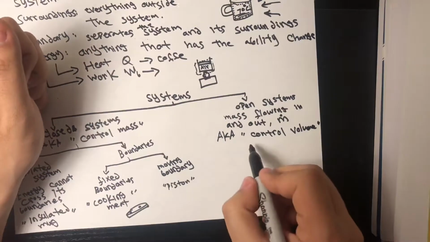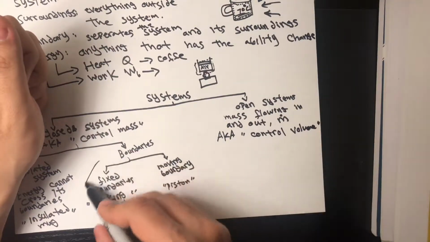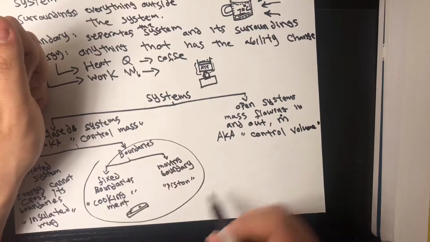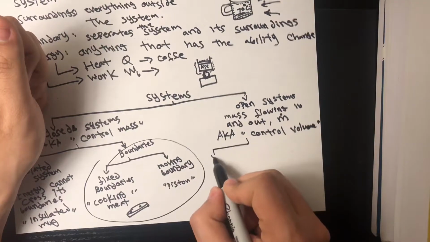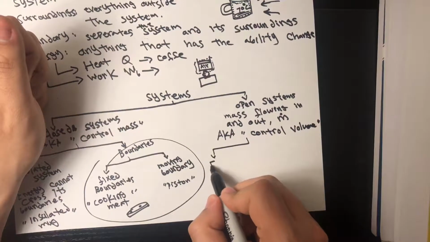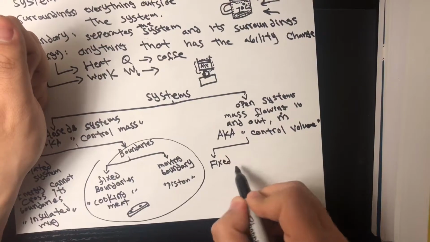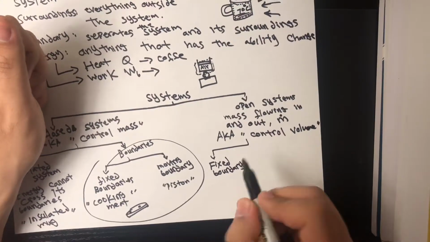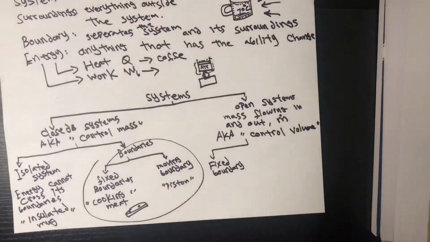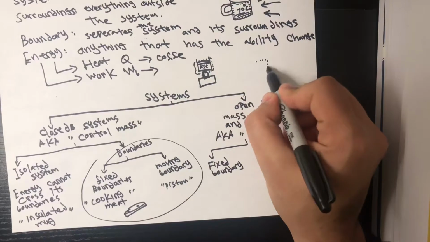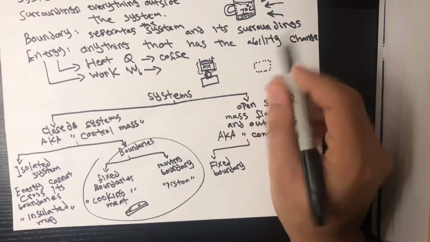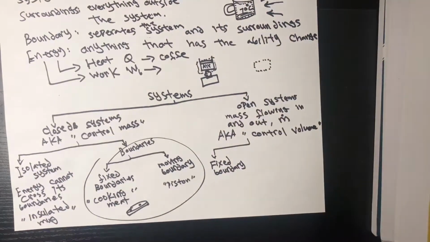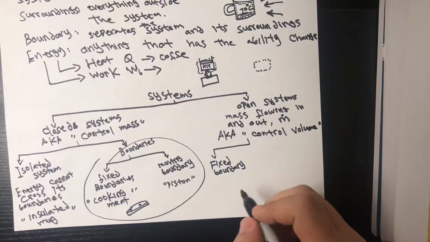So this is kind of similar to this category right here for the open volume. You're going to have a fixed boundary, meaning that the volume stays constant. So you're going to have mass flow in and out. But whatever we consider to be our control volume, that region is going to be the same throughout our analysis.